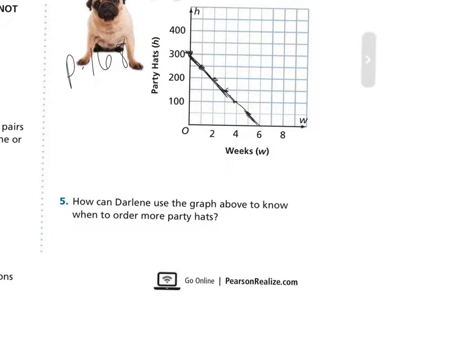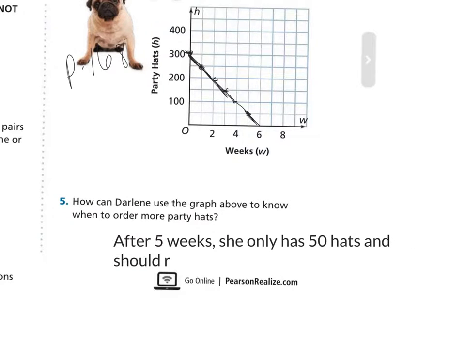She may want to look at this and say something like, after 5 weeks, she only has 50 hats and should reorder. Reorder maybe.